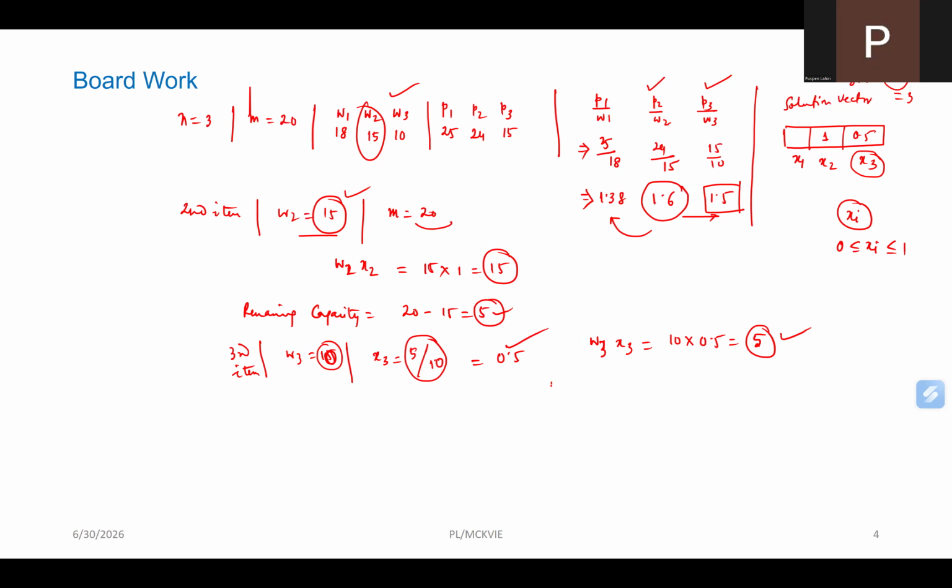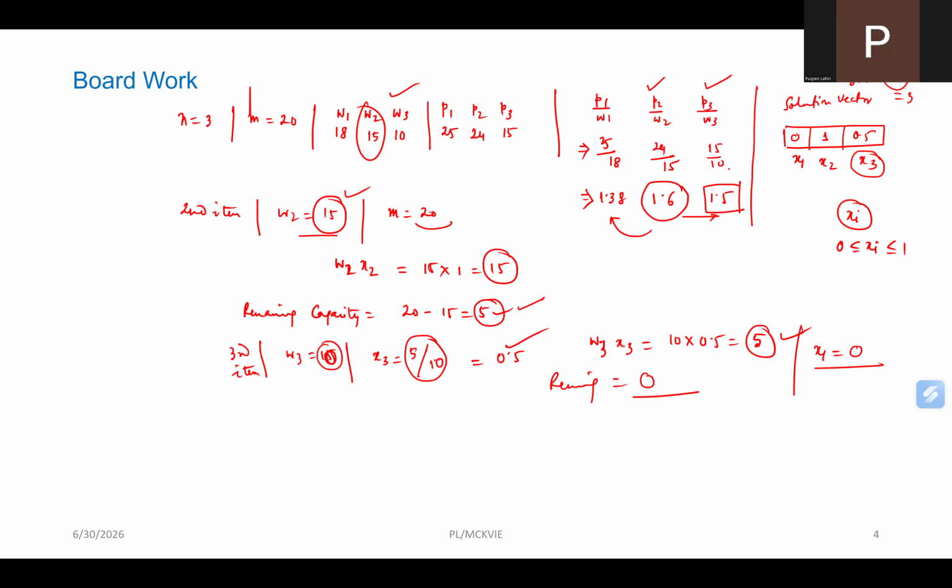What is the remaining capacity? The remaining capacity is now 0. The remaining capacity was 5, which is fulfilled by taking 5 kilograms of the third item. So there is no question of taking the first item, and so x1 becomes 0.